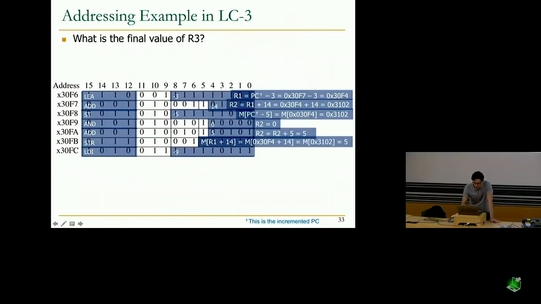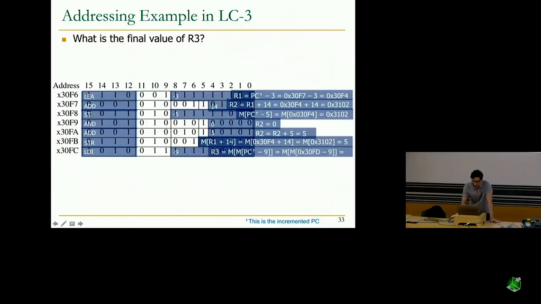So what we do is write in memory, in particular in this memory address that is R1 plus 14, and R1 contains 30F4 plus 14, this is 3102. Remember that this was some address around here. So what we are doing here is storing somewhere here the number 5, which is what register 2 contains.